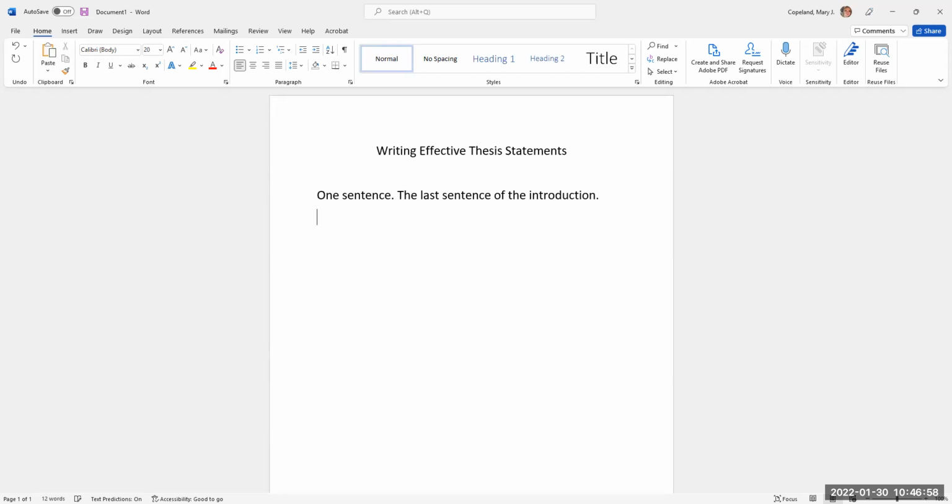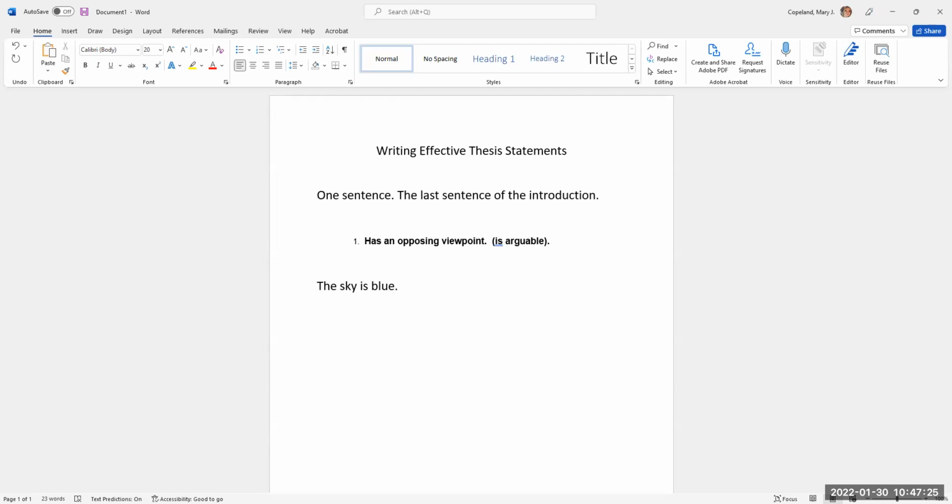The other important thing that I think you want to know is that a thesis statement always has an opposing viewpoint. It's arguable. So a thesis is never just a fact, like the sky is blue, right? That's just a fact.